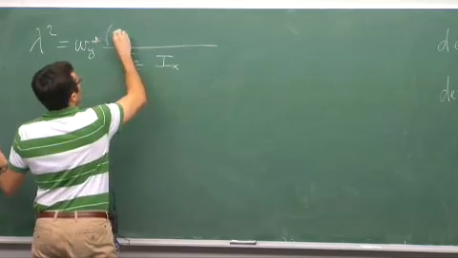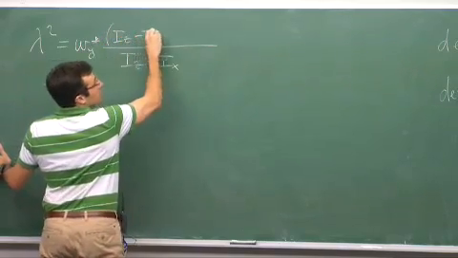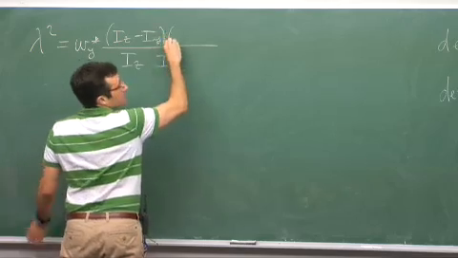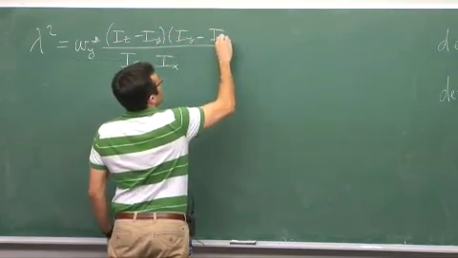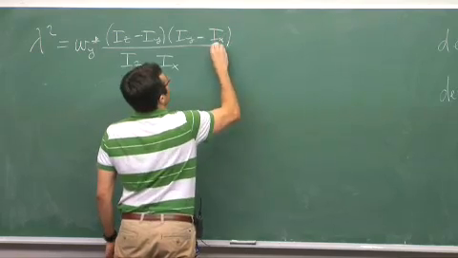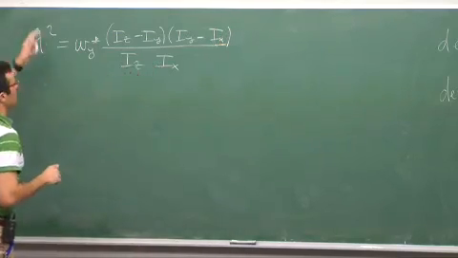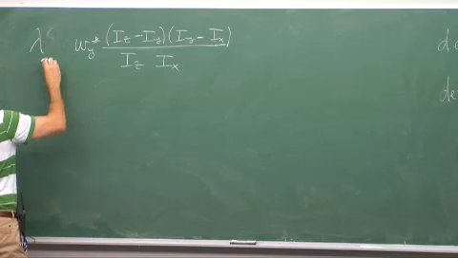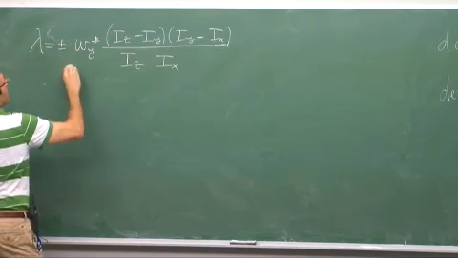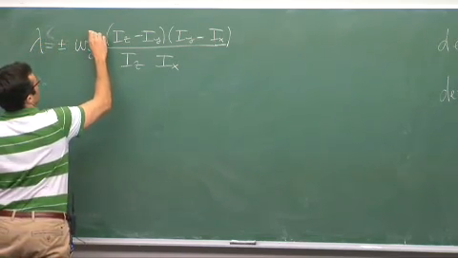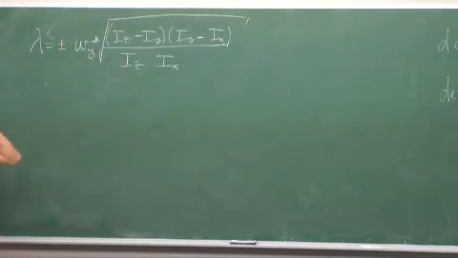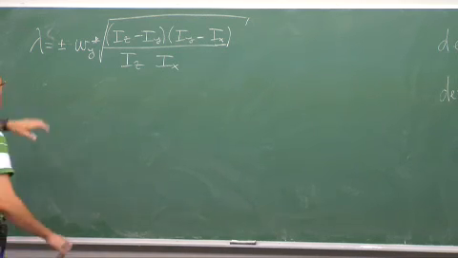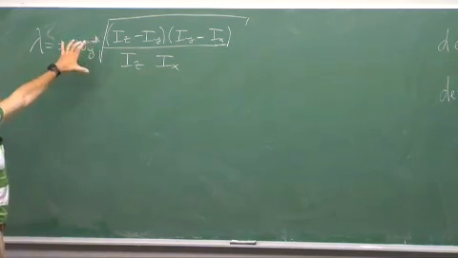Numerator is (Iz minus Iy)(Iy minus Ix). Okay, so if you take the square root of this, I get plus minus, this was a squared, of course, so it goes away, square root of this. I'm going too fast? No? Good? Okay. What do you want this to be?